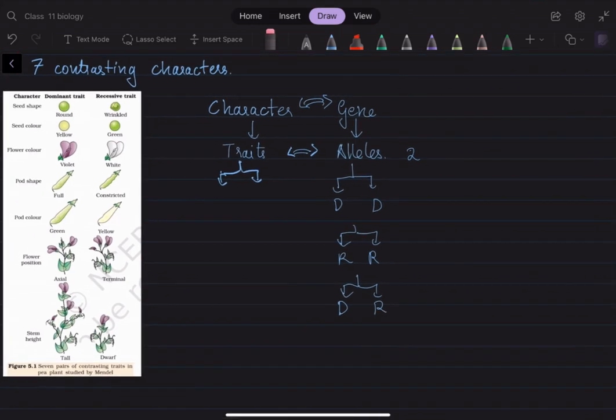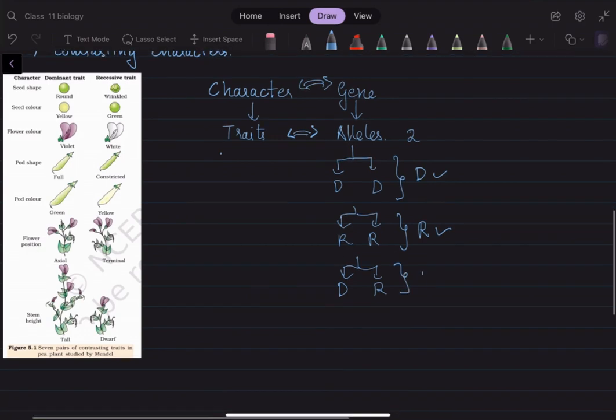In such cases, in this case, the dominant trait is expressed, and in this case, the recessive trait is expressed. In this case, still the dominant trait is expressed. So that is why we call this dominant trait.